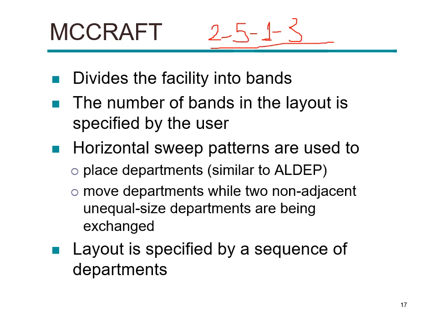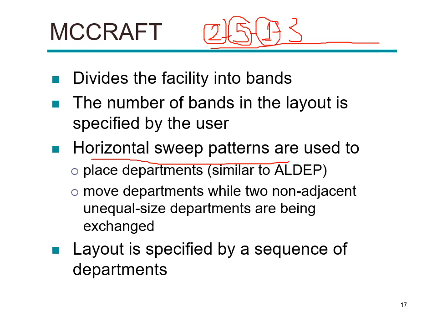This sequence shows in which order these departments will be placed in this layout using the sweep pattern. So you start with 2, and when you have placed the required number of grids for 2, you move to 5. Do the same thing for 5, then you move to 1.